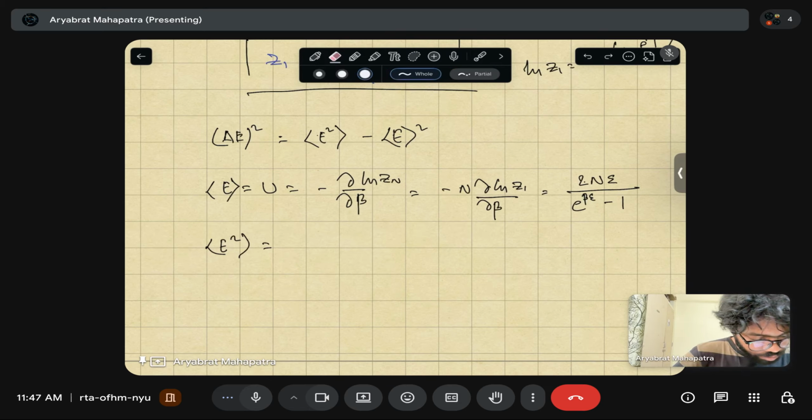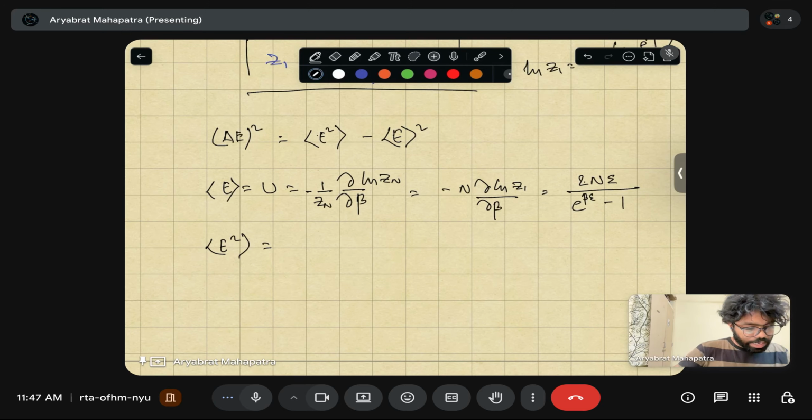So the definition actually goes like this: the mean energy is negative of 1 over Zn, then the derivative with respect to Zn. So that means I will have an overall factor of Zn.